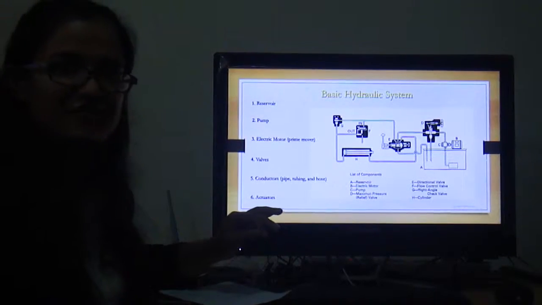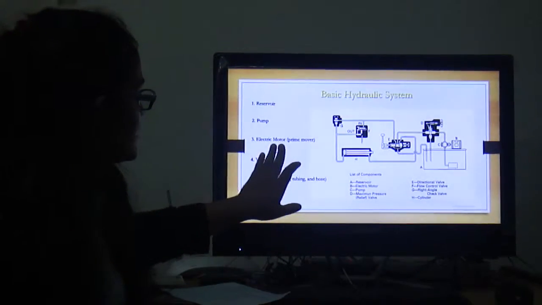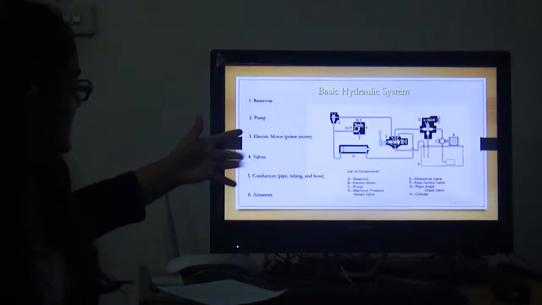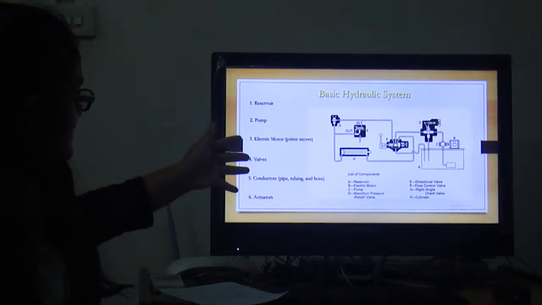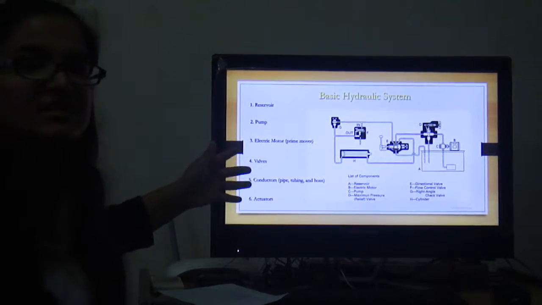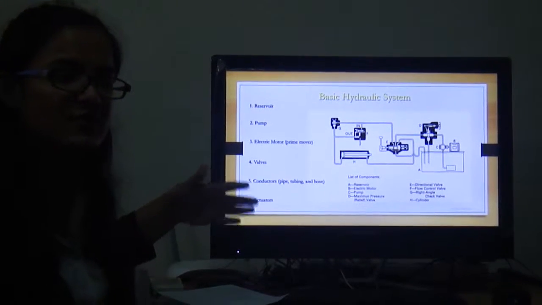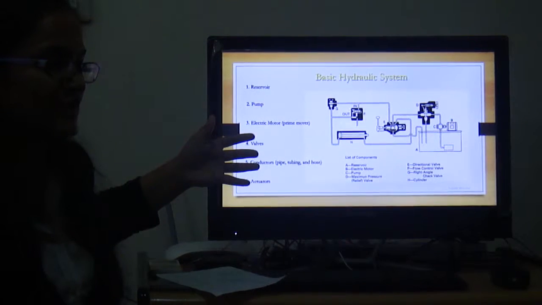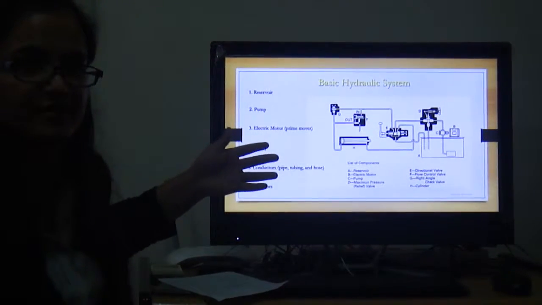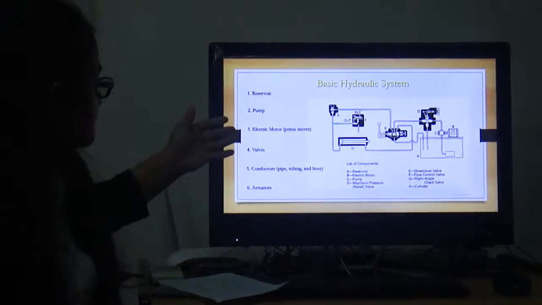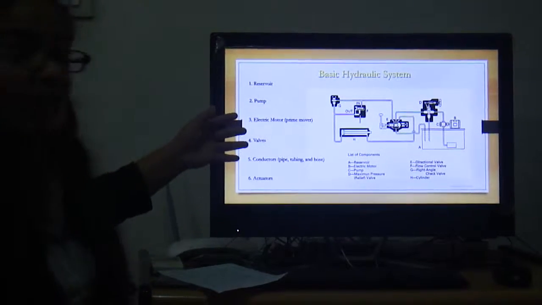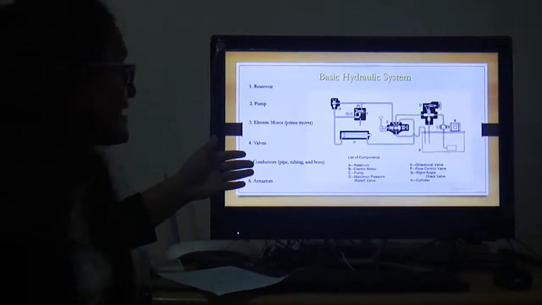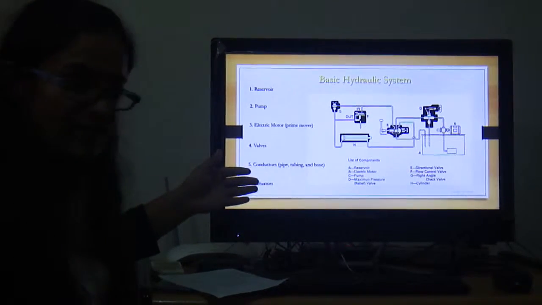We all know the general function of pumps. Then we have electric motor and prime movers. We have valves, and these are similar to a pneumatic system. That's how we know that pneumatics and hydraulics are similar. They have some components, some tasks which are pretty similar. So like I said, electric motor, prime mover, valve. Then we have conductors, pipe, tubing, and hoses, and actuators.